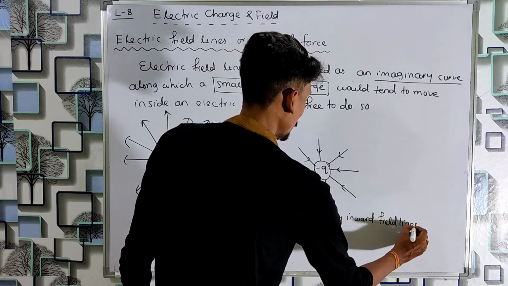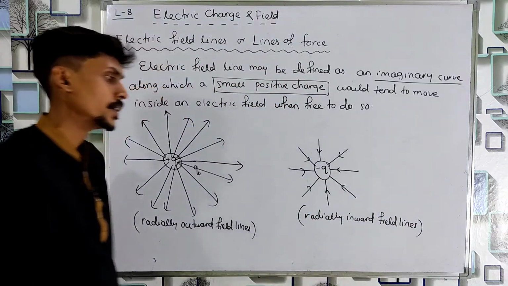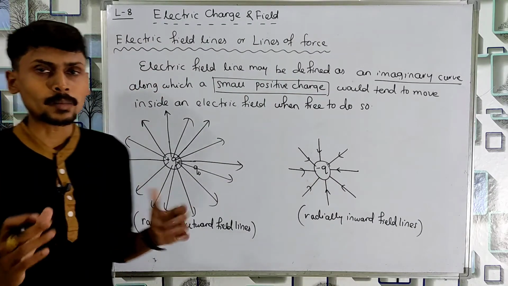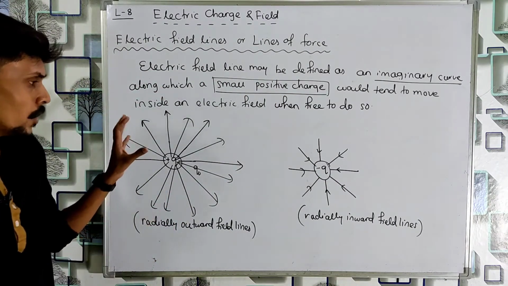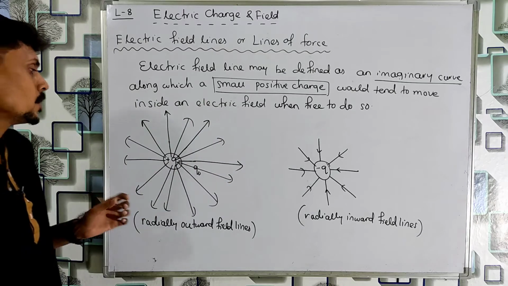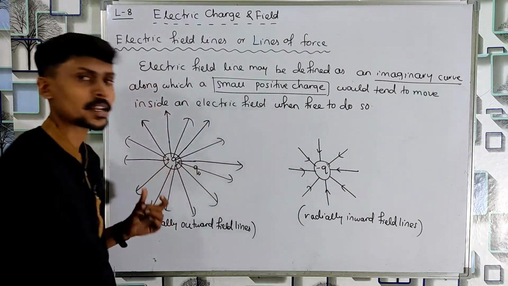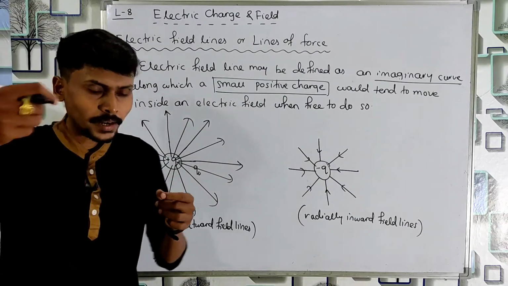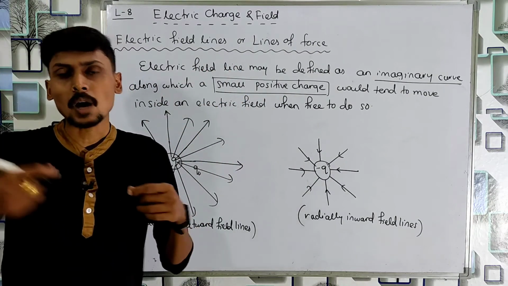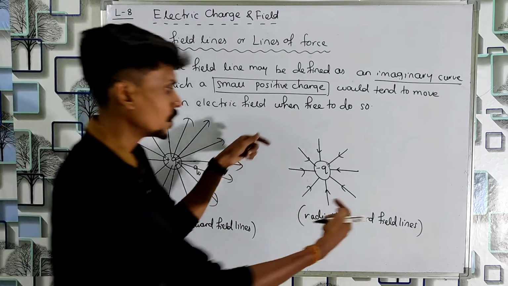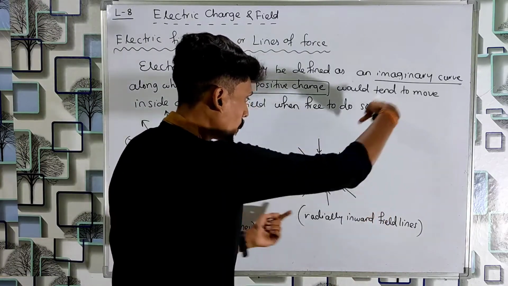Radially outward and radially inward mean what? If you look at the diagram here, you can see that the point charge is at the center, and the electric field lines are emerging out of the point charge, or the electric field lines are entering the point charge.